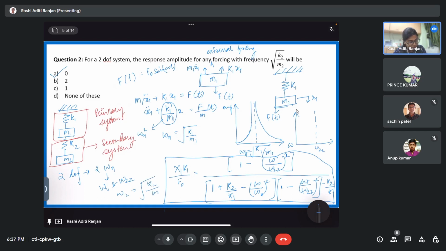Okay, this is not omega n; this is actually omega 1 and omega 2. Omega 11 and omega 22 are essentially the respective natural frequencies of the primary system and the secondary system, provided we consider that they are not attached to each other. Okay. So if you see, my amplitude frequency response now changes to something like this.